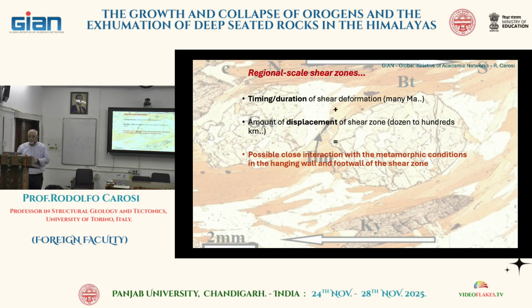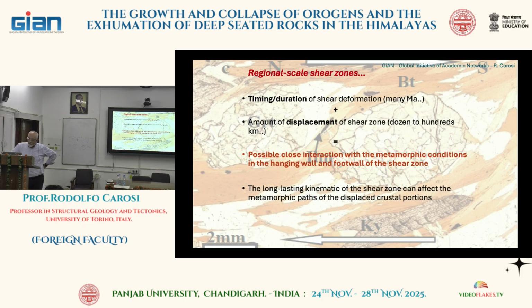So it is not metamorphism and deformation separately, but deformation affects the metamorphism of the rock below and above. So a long-lasting shear zone can affect the metamorphic paths of the displaced crustal portions in the footwall and the hanging wall. And in this case, we speak about tectonic and metamorphic discontinuity.